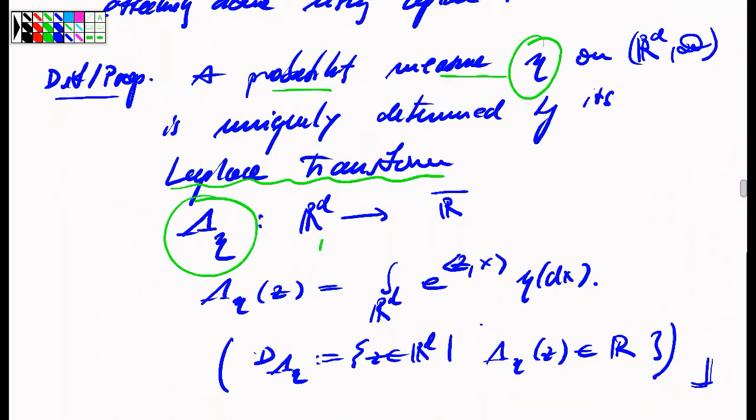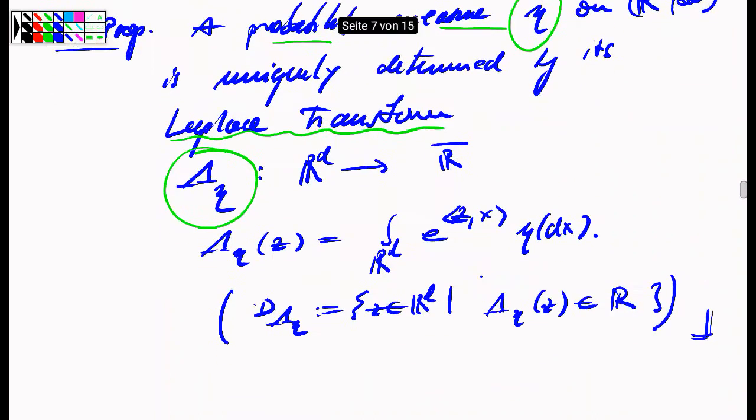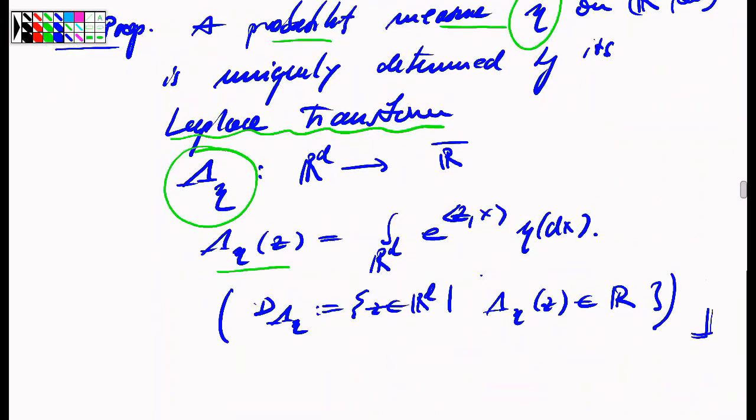which is a function mapping from Euclidean space of the same dimension as the measure is defined on to the extended reals, and it's defined as follows. For a given argument or position z, the Laplace transform at z is defined to be the integral of a certain function which involves z as a parameter when we integrate with respect to the given measure eta.